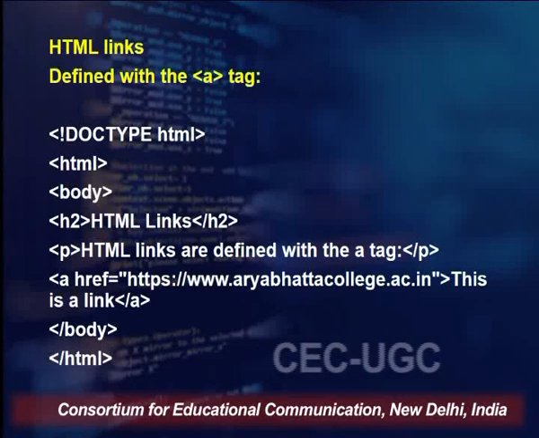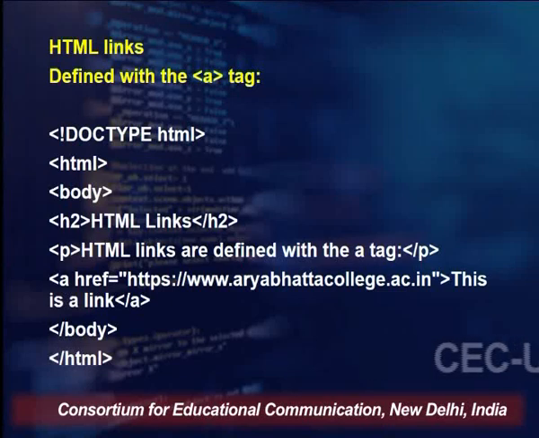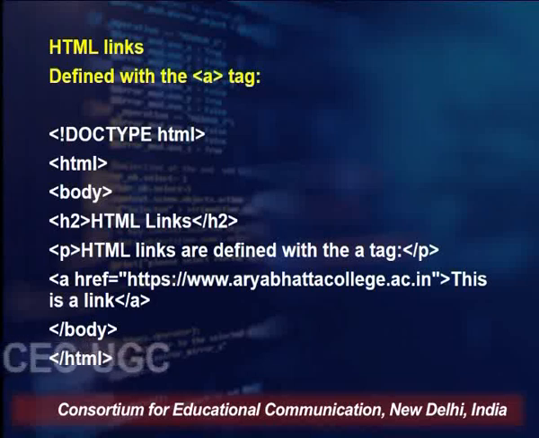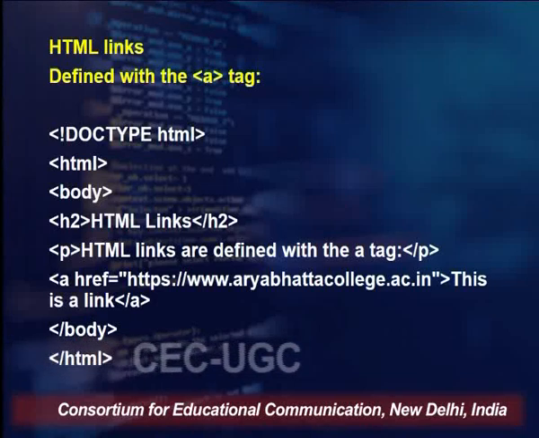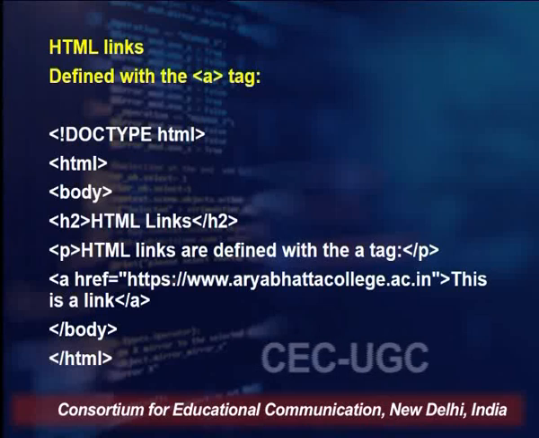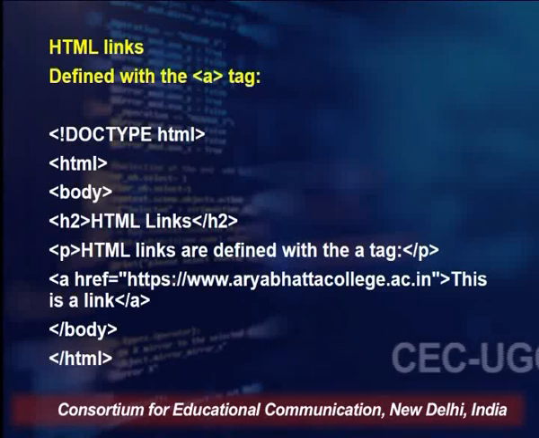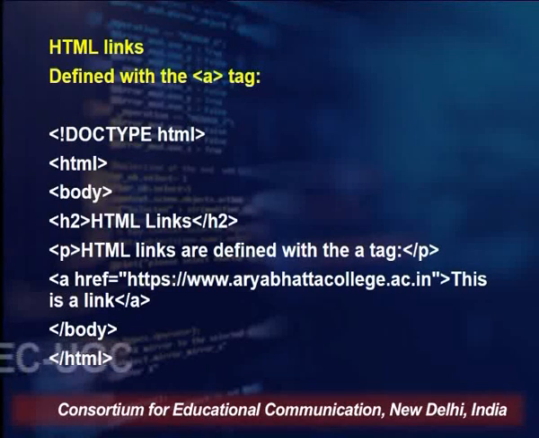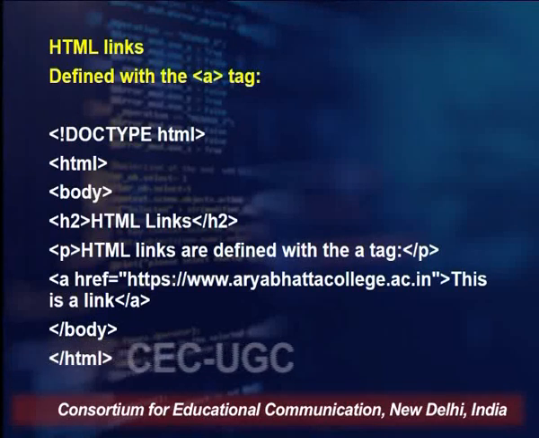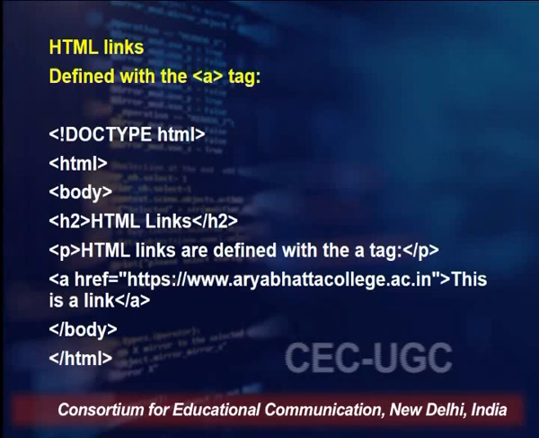HTML links are defined with a tag. These are two very simple statements which we have already seen, use of H2 and use of paragraph. I am not going to repeat this. I am just focusing on the statement after the closing p, which is a hyperlink reference equals to HTTPS, and I have written a link here.